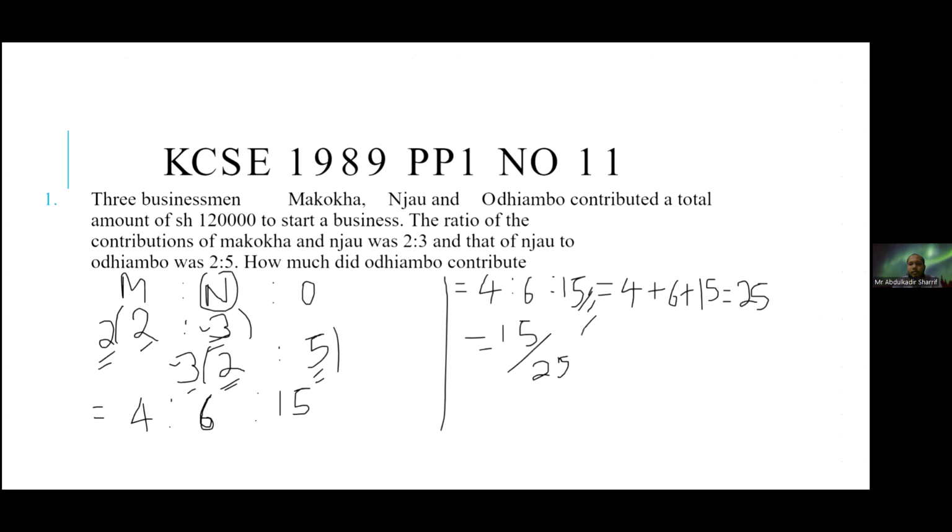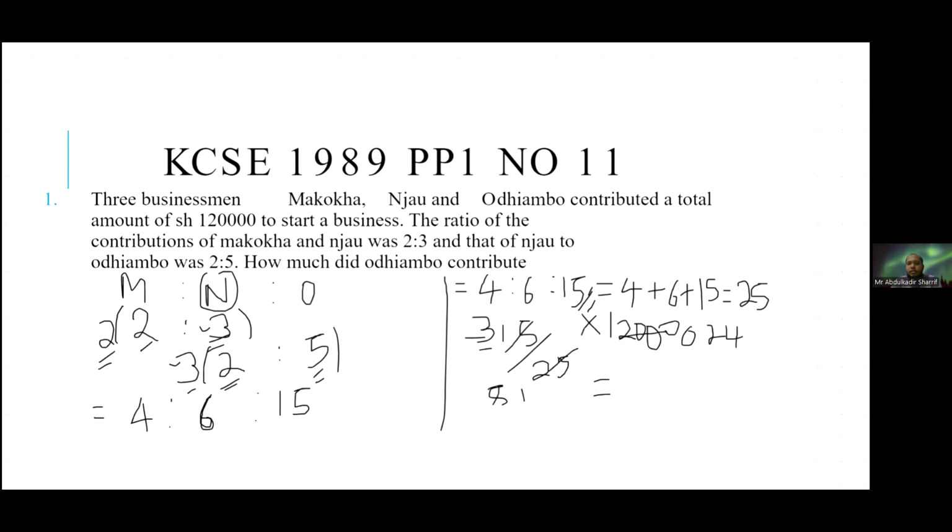So ukichukua 120,000, so 15 out of 25 times 120,000 utapata, let's say divide by 5 ni 3, divide by 5 ni 5, divide by 5 ni 1, divide by 5 ni 24,000.